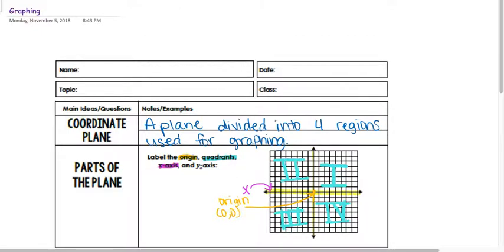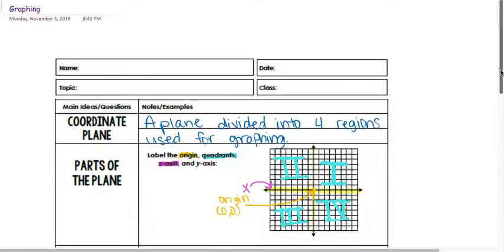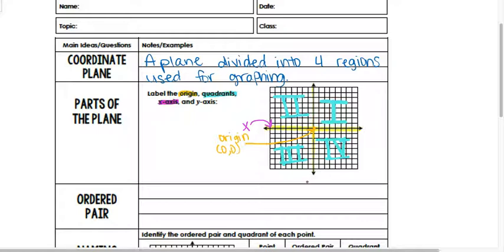So on the y-axis, I'm going to move this paper down just a bit. The y-axis, oh, now my pen changed colors, is right here. So that's the y-axis, and it is this line right there that goes up and down.